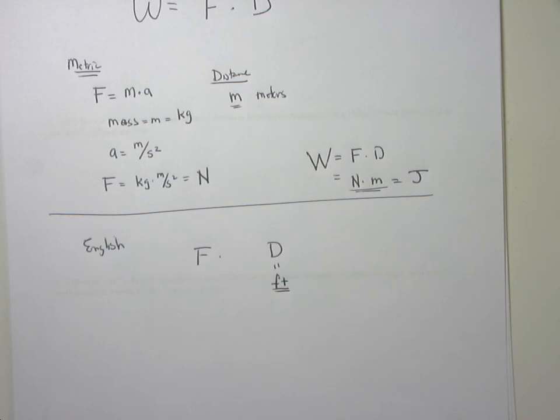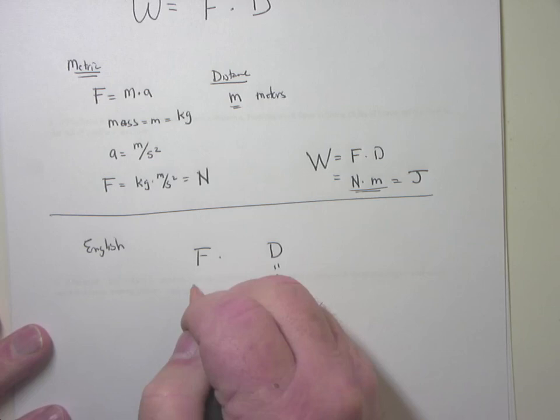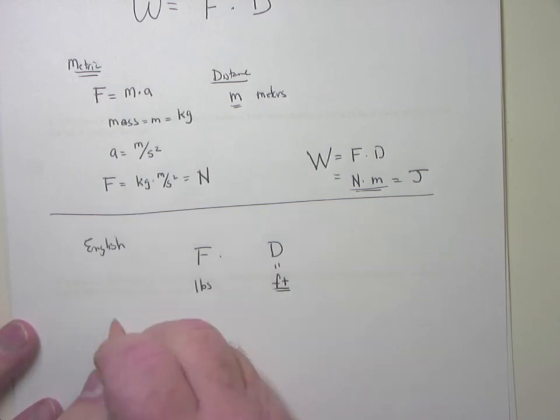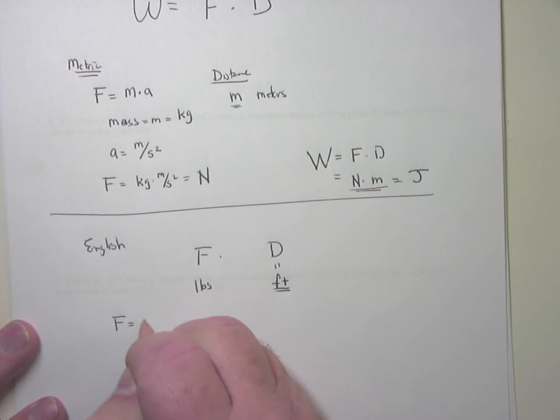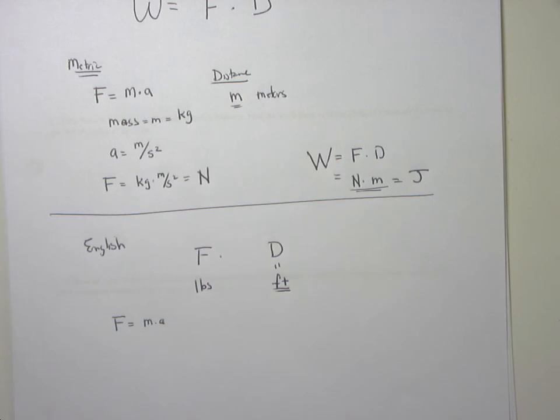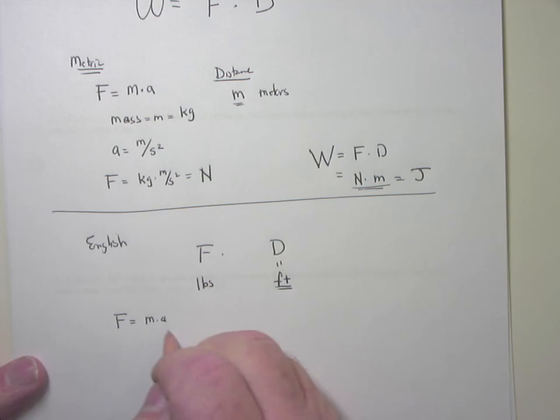The force in the English system is measured in pounds. Now, you can talk about force equal to mass times acceleration in the English system. The acceleration, if you use gravity, is 32 feet per second squared. That's great. And it'll be feet per second squared.